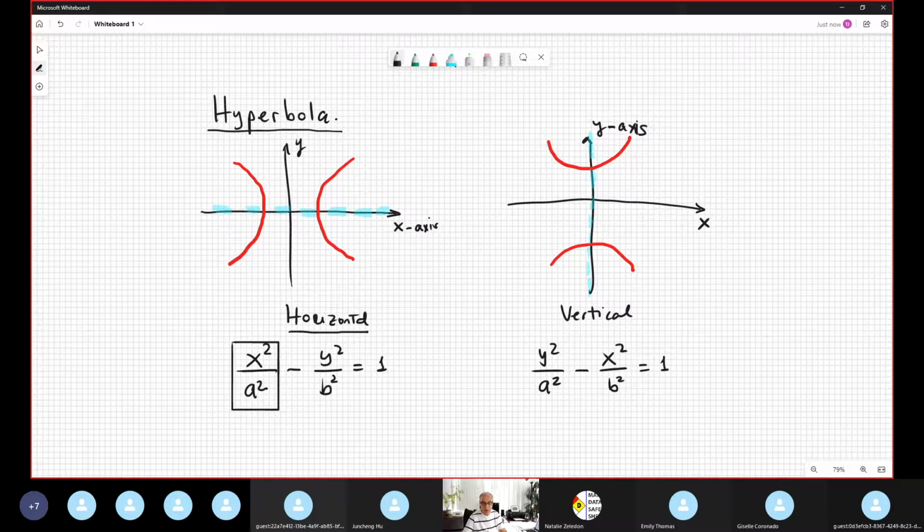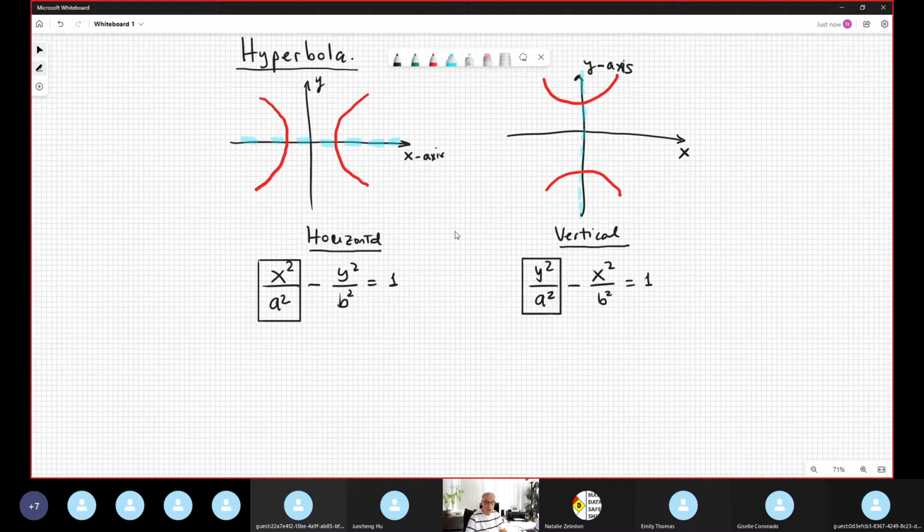And if the positive part is associated with the y, it is vertical. And always the coefficient in the positive part is a, always. And in the negative part is b. End of story.